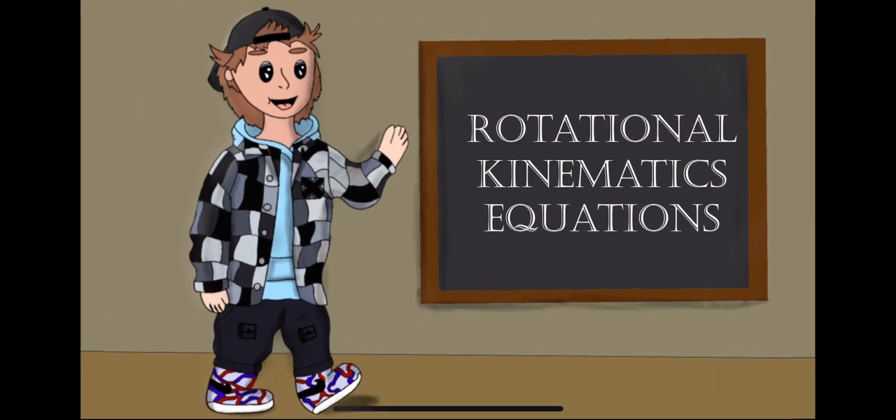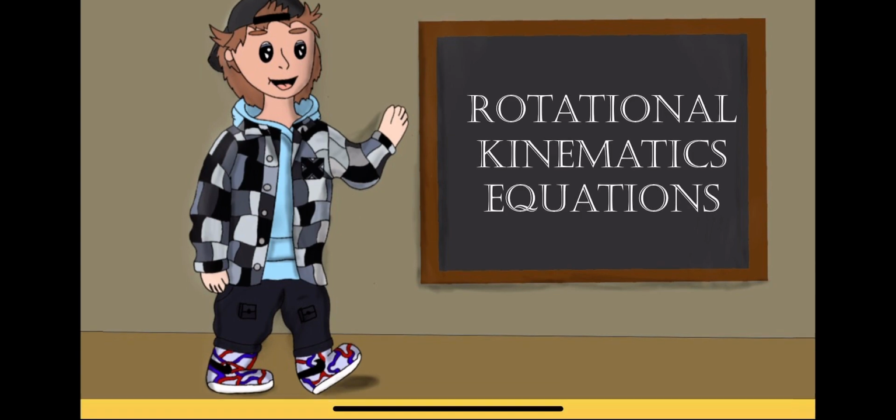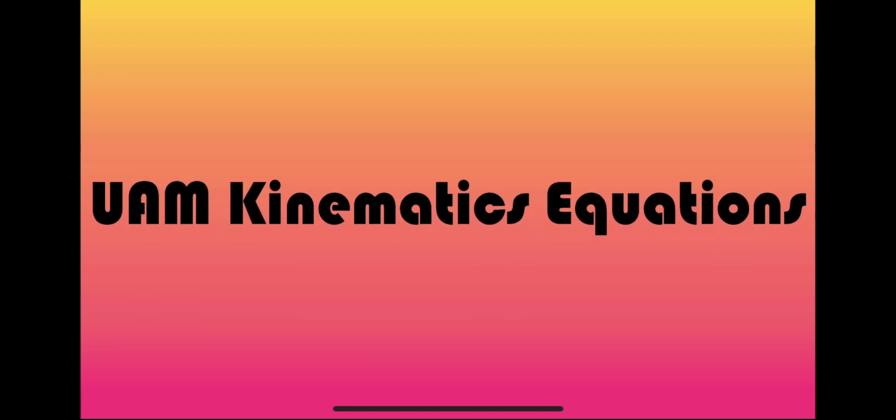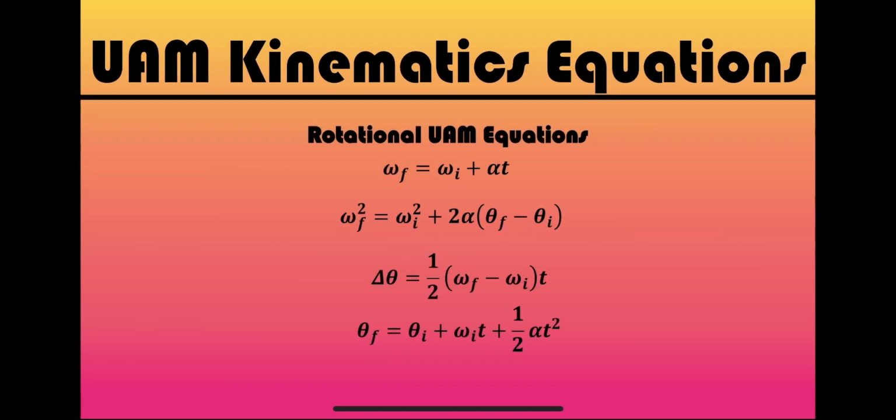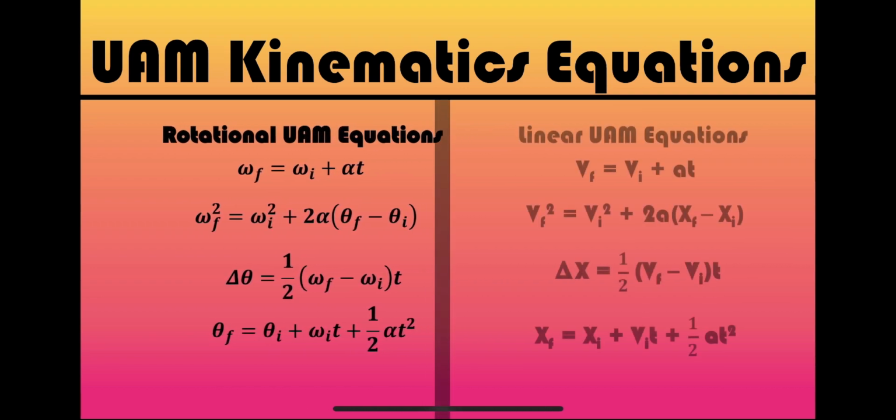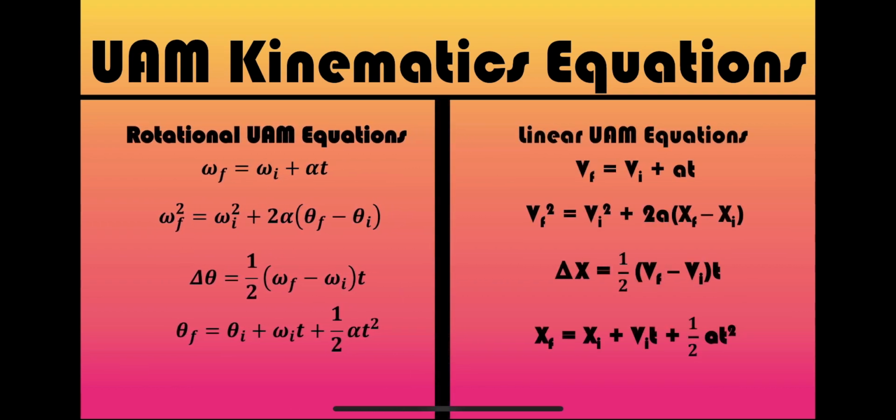Alright, so now that we know what all these variables actually mean, let's take another look at those equations. As you can see, when we compare these rotational kinematic equations to our linear kinematic equations, you will see that they are essentially the exact same equations.